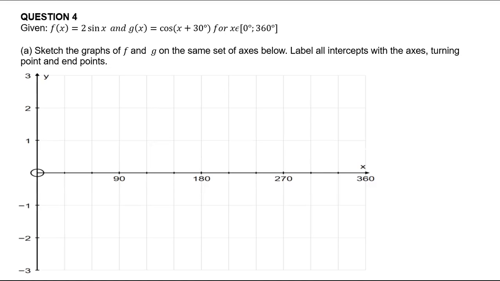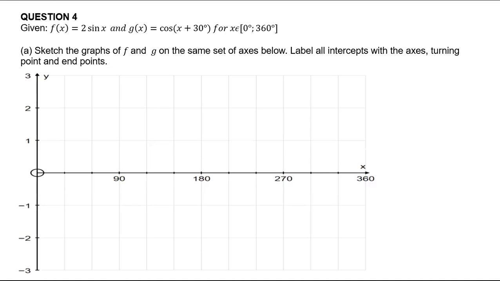So if I was to do the Cartesian plane, my starting point will be at angle 0. And then to figure out what my next x coordinate will be, I just add 90. How did I get that 90? It's what I did when I took the period and divided it by 4.